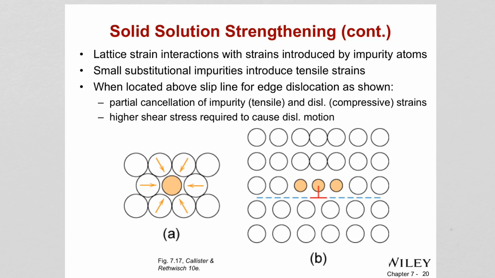Let's say it is small, okay? When you place in those small substitutional impurities, it also creates a stress around the atoms. So what happens? It creates tensile strains.